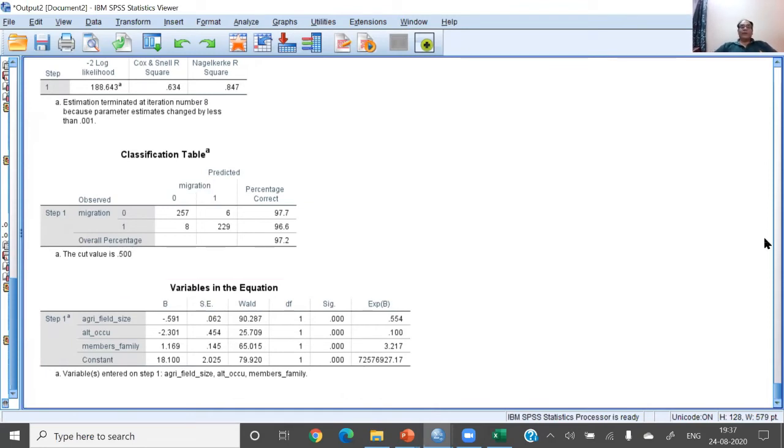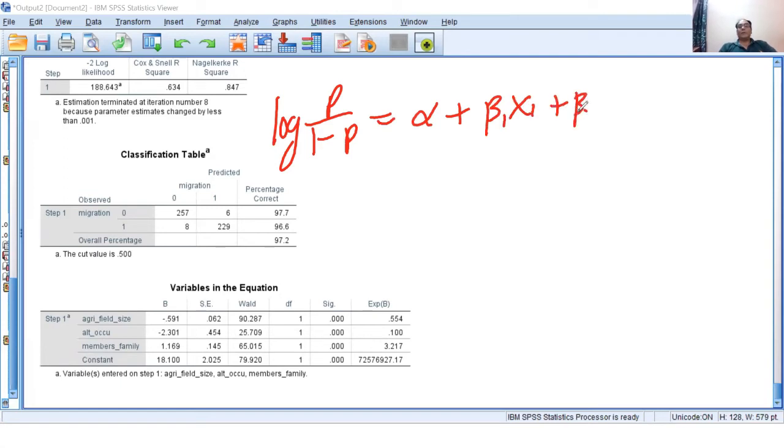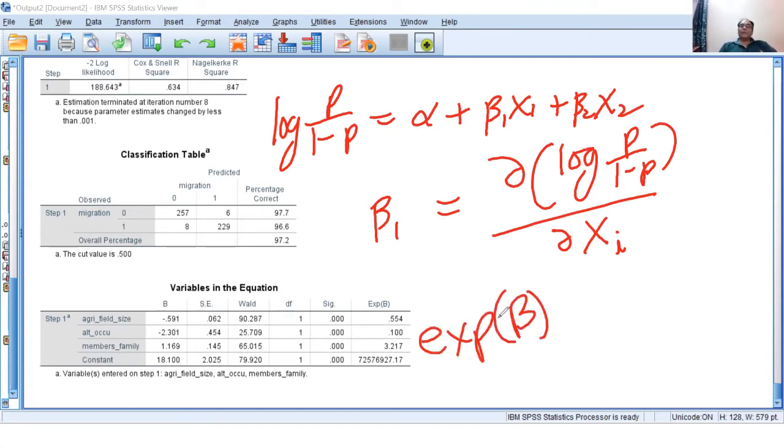We know that the logistic regression model can be written as log of p upon 1 minus p equal to alpha plus beta 1 into x1 plus beta 2 into x2. Here my beta 1 is the rate of change of log p upon 1 minus p with respect to xi. Actually, this explanation of beta is very complicated. If we take the exponential beta, it can be defined as the rate of change of odds ratio with respect to the change in xi.